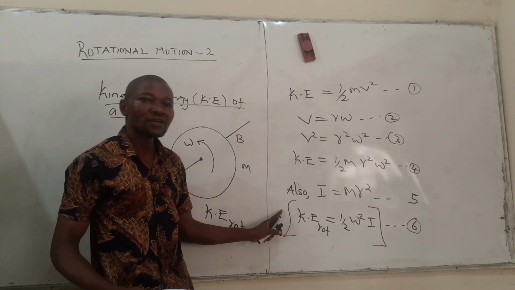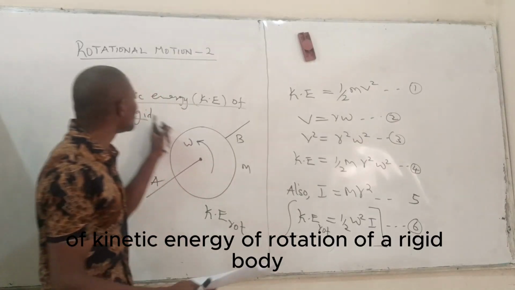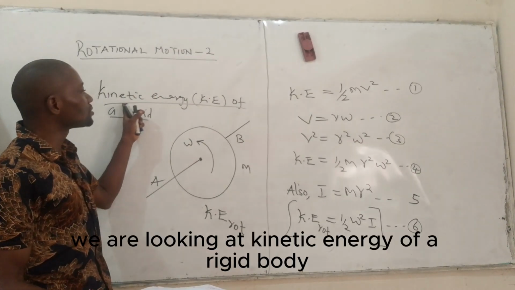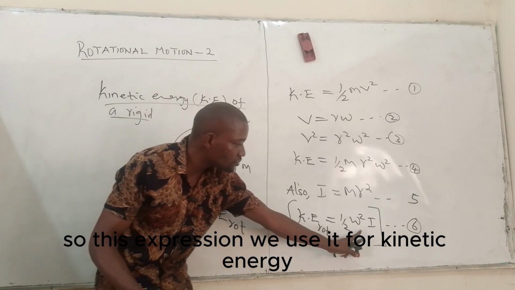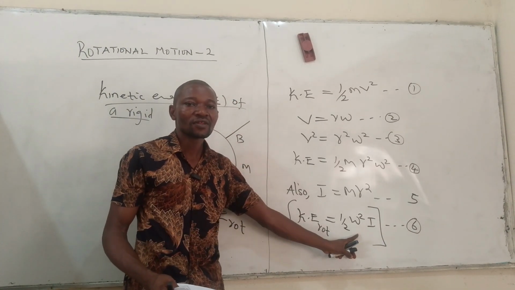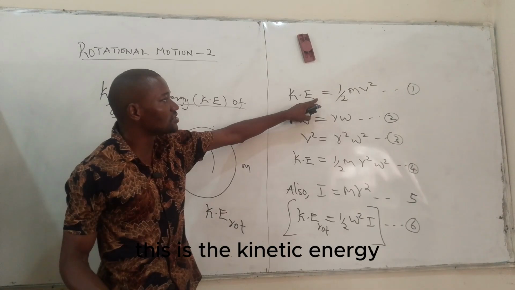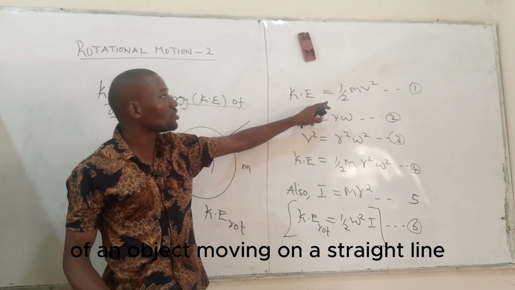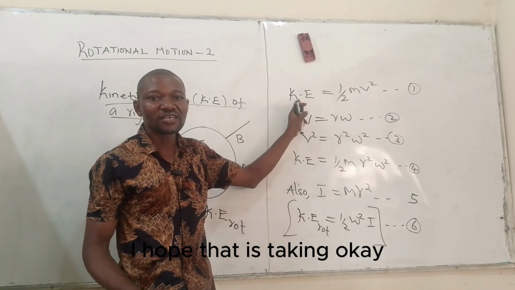Calculation of kinetic energy of rotation of a rigid body. Remember, we are looking at kinetic energy of a rigid body. Whereas this other one is the kinetic energy of an object moving on a straight line. I hope that is taken.